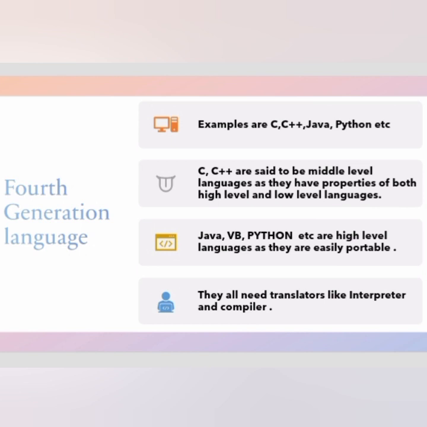But since C and C++ are middle level languages, they use a compiler. A compiler is a translator to convert programs written in C and C++ into machine language, while Java and Python use interpreters.